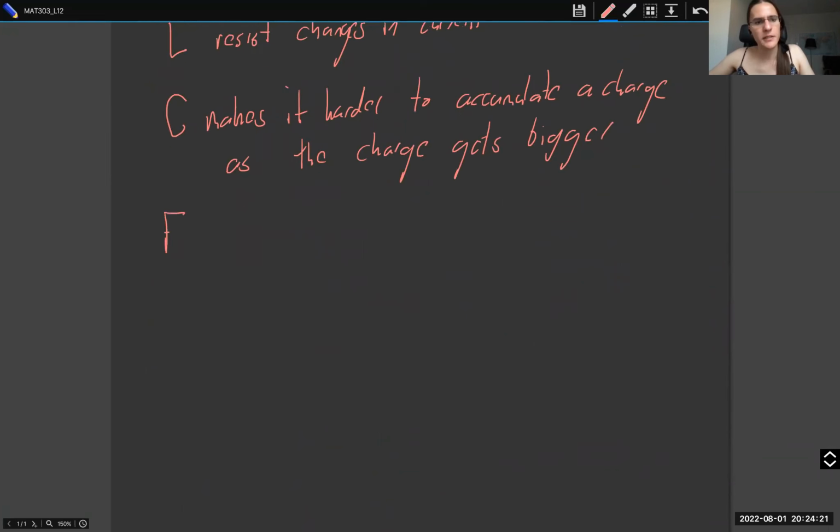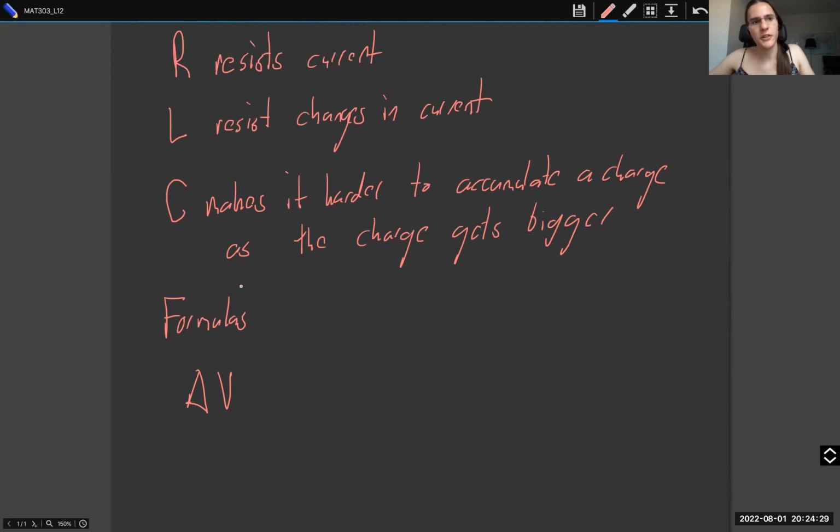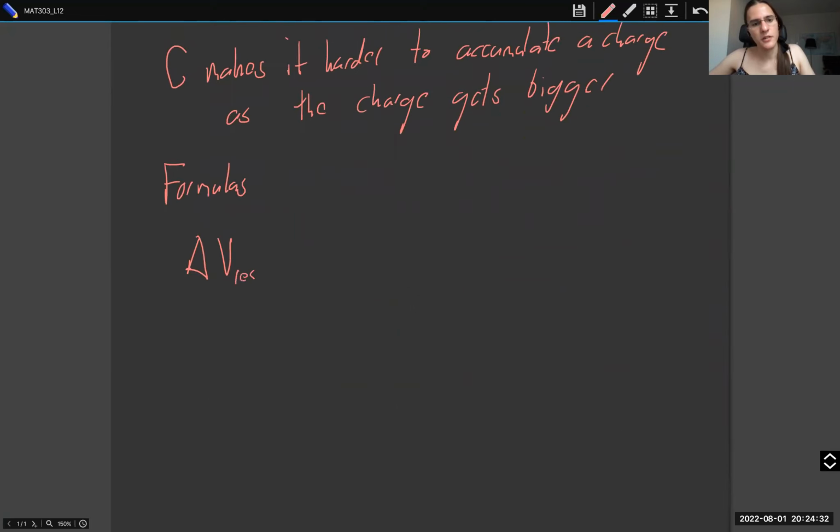So the formulas are that delta V of a resistor is equal to the resistance times the current. For an inductor, the voltage drop is equal to the inductance times the change in current.